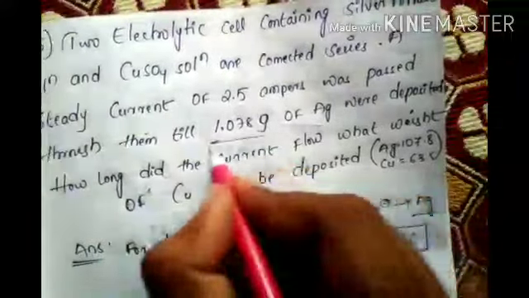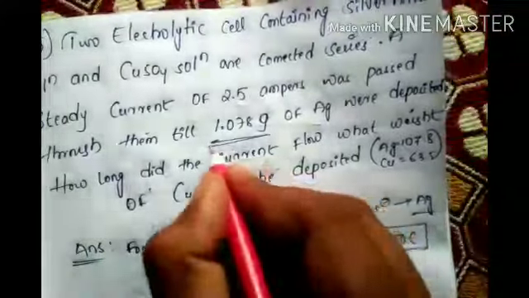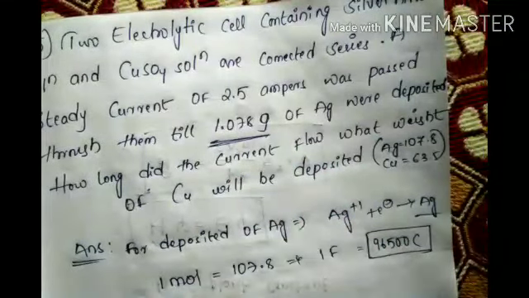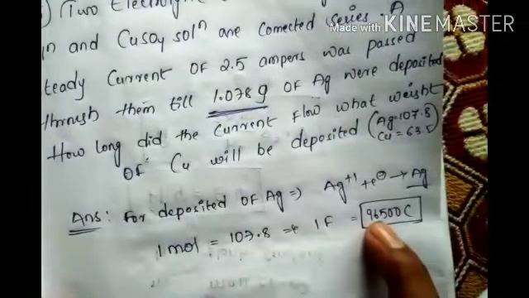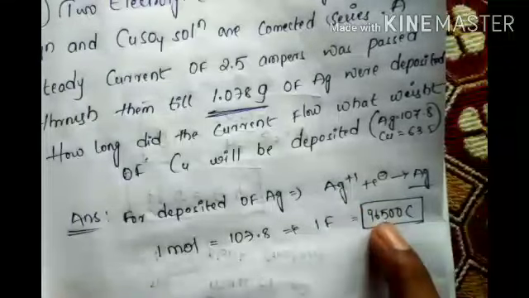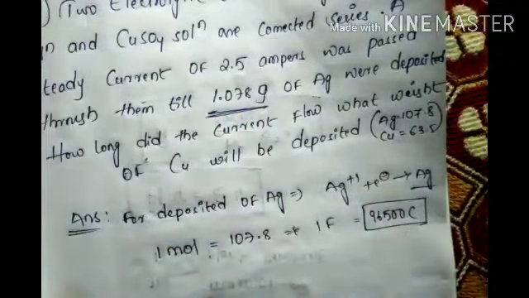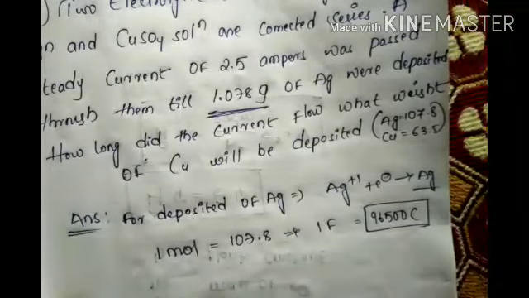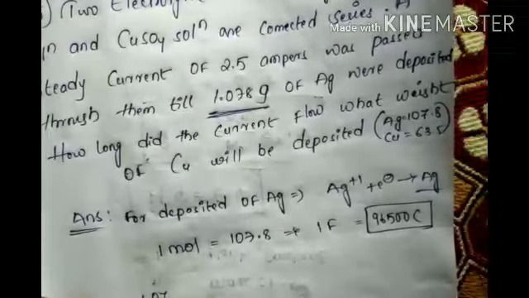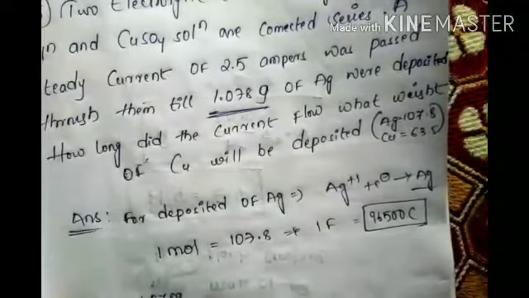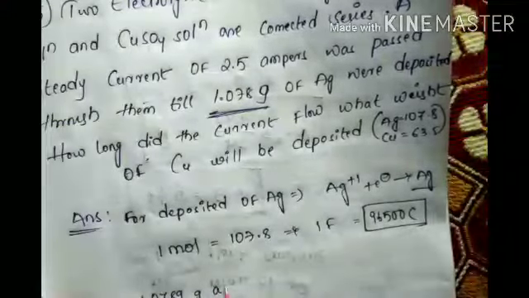So for each Ag, this much is taken, but how much for this many grams? For 1 Ag only this happened. Each single Ag takes this much charge. Now take 1.078 grams of Ag.